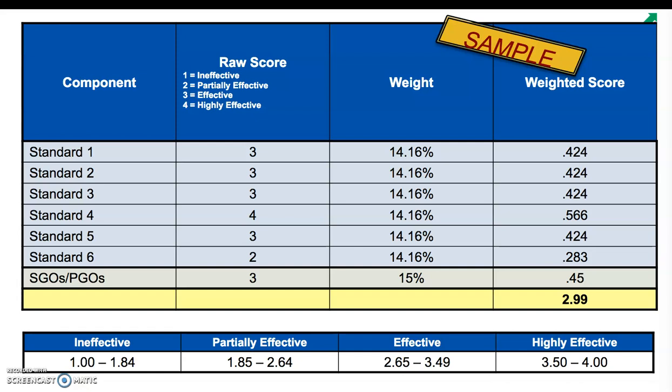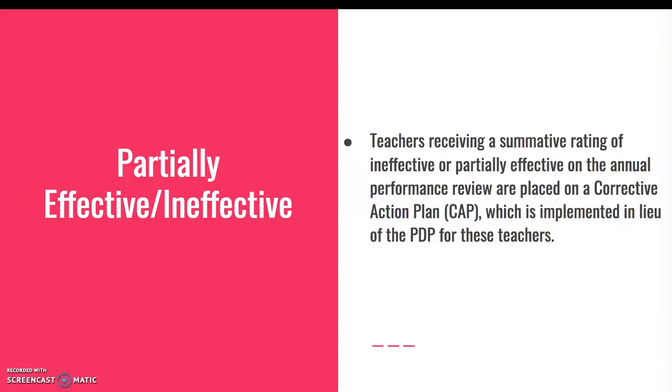Notice this teacher falls in the 2.99 range, so they are effective. Any teacher who receives an overall summative rating of partially effective or ineffective will be placed on a corrective action plan. And this is implemented instead of a professional development plan for these teachers.